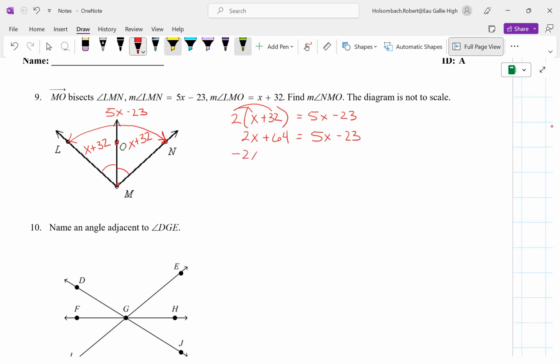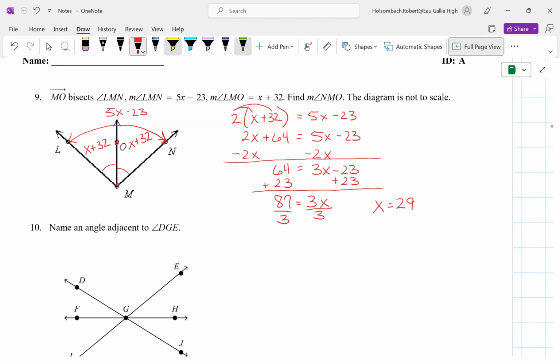Now we can subtract 2x from each side. 64 is equal to 3x minus 23. Add 23 to each side. And 64 plus 23 is 87, equal to 3x. And we divide each side by 3, and our x is equal to 29.